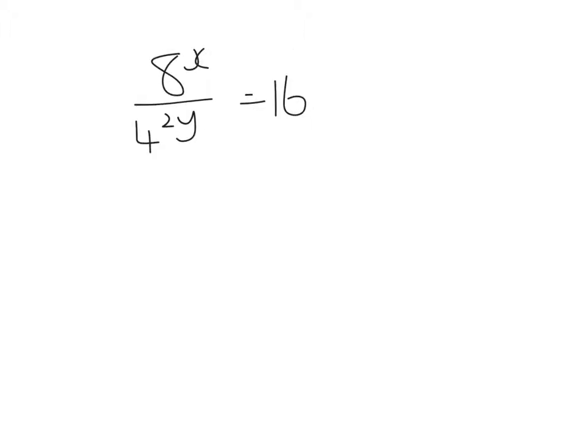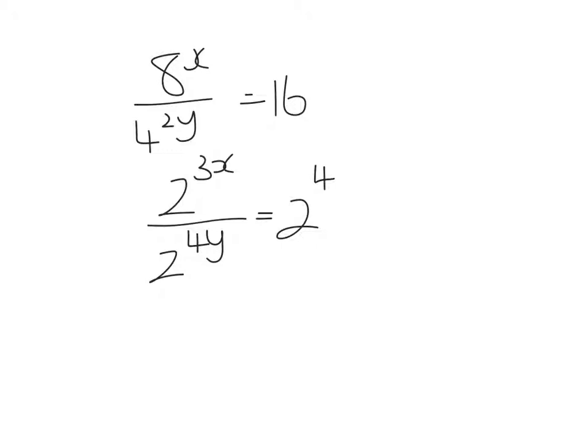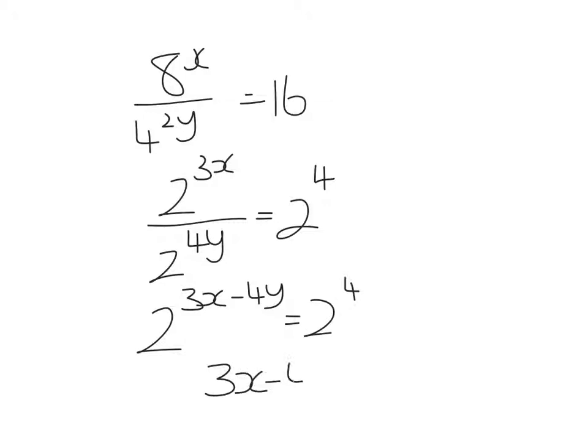I have to pick a common base, and I'm going to pick 2. So 8 is 2 cubed, 4 is 2 squared, which gives me 4y, and 16 is 2 to the power 4. Now when we're dividing, we subtract powers. So this gives me the equation 3x minus 4y equals 4.